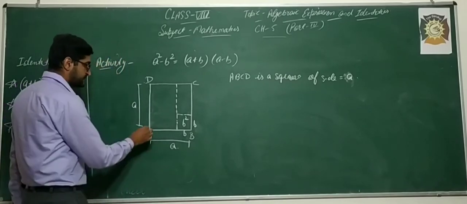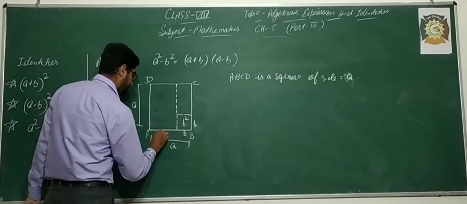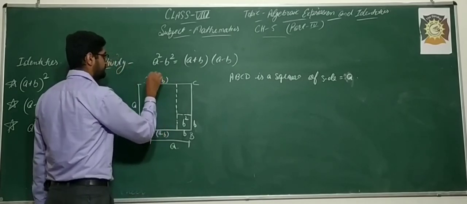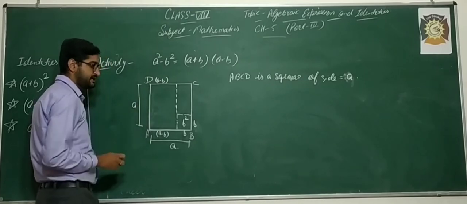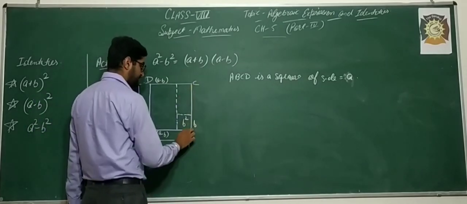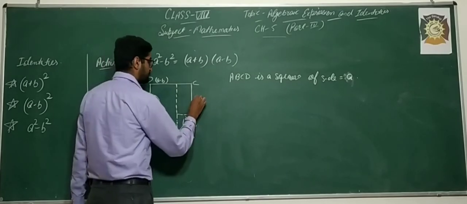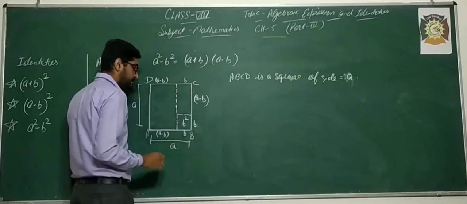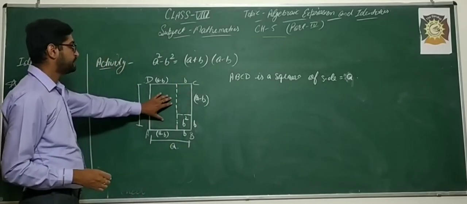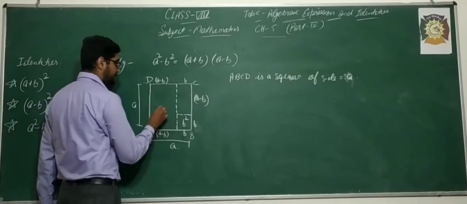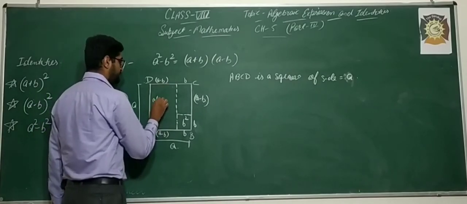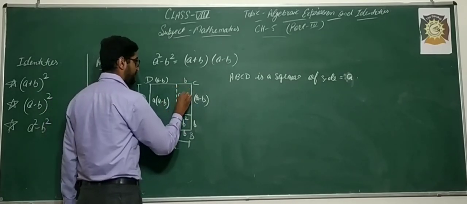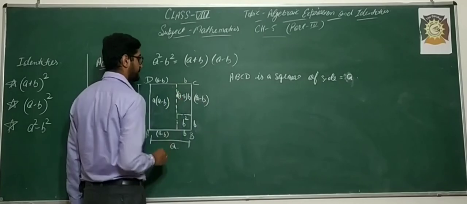Now you can see this value is A minus B, this value is A minus B, and the complete value is A. Here this complete length is A and this length is B. So this will be A minus B and this value is B. Now you can see the area of this rectangle will be A into A minus B, and the area of this rectangle is A minus B into B.